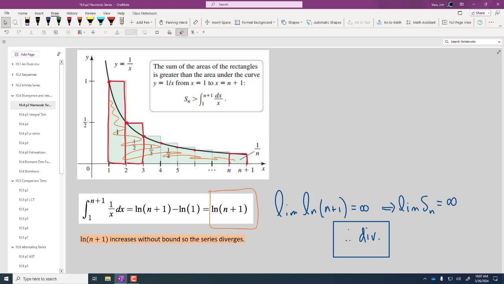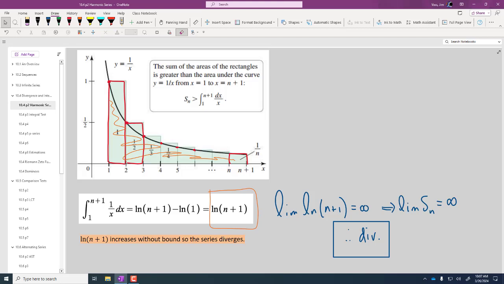So that test is going to be called the comparison test. We're going to have another basic principle. If you have a series that's bigger than a divergent series, it must diverge. Similarly, if you have a series smaller than a convergent series, it must converge.